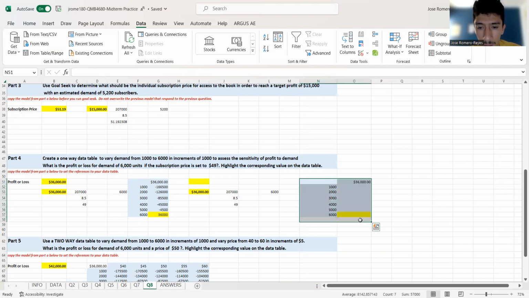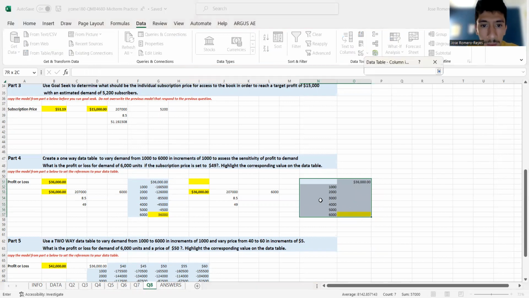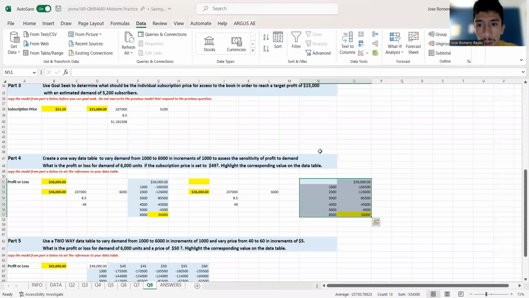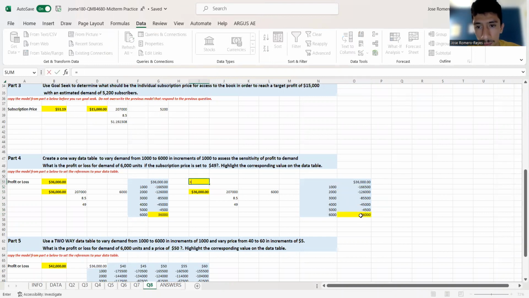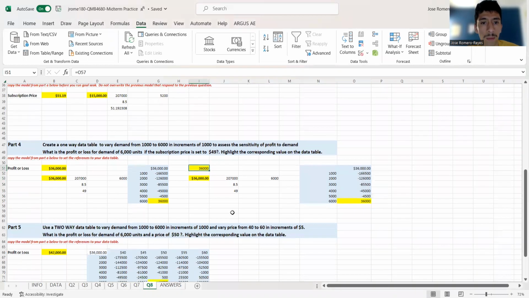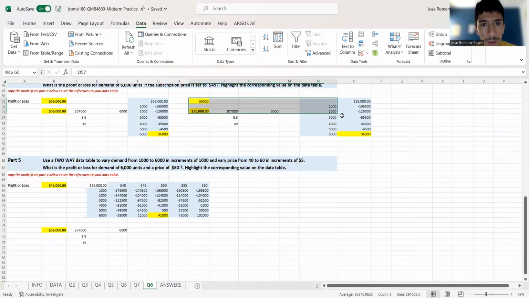The right input is Alt A to BT. Our column is the number of units. We got our data. It's asking for 6,000 at 49. So this is our answer. Perfect. I'm going to delete this.